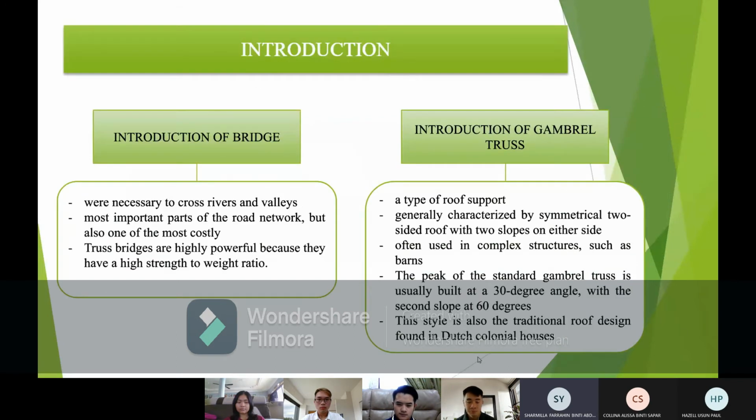So this is our introduction of Gambrel truss.